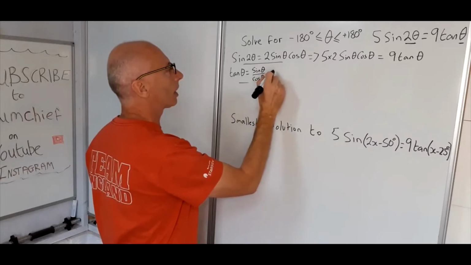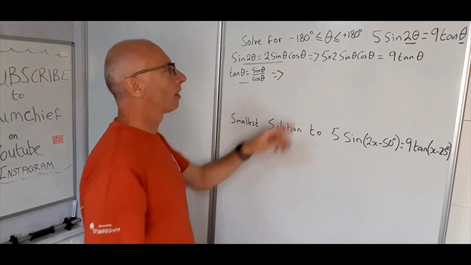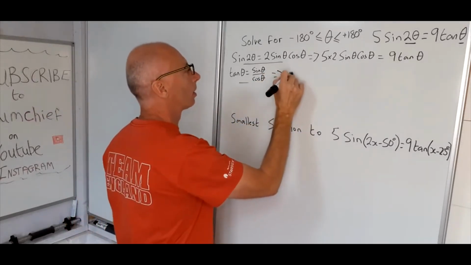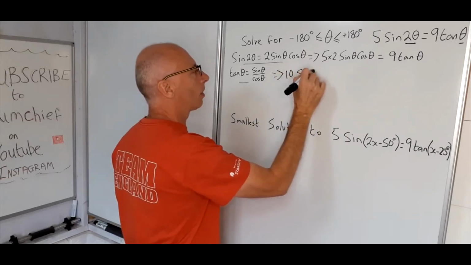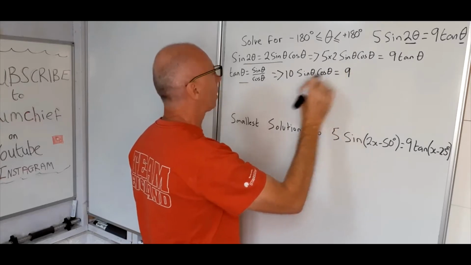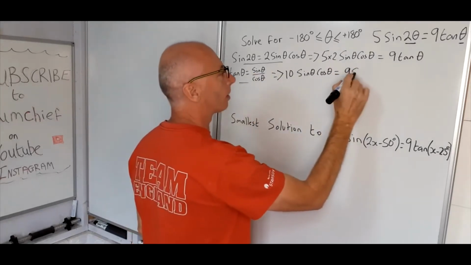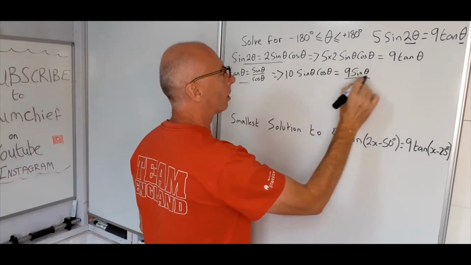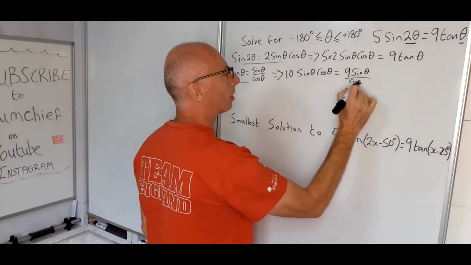So let's put that in there and tidy up this 5 times 2. That's another identity. So now that leads us on to 10 sine theta cosine theta equals 9 sine theta over cosine theta.